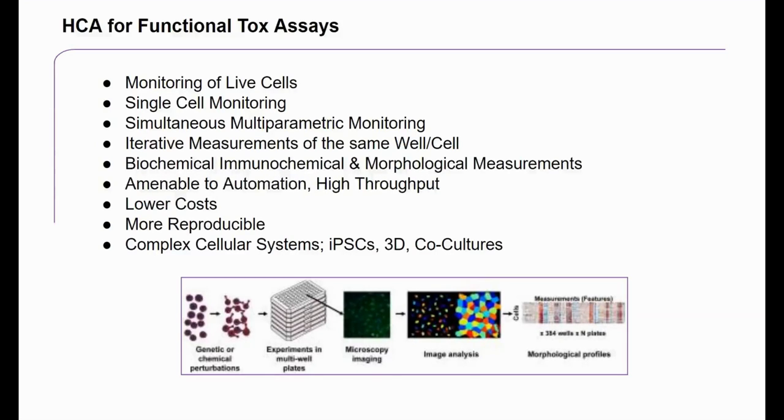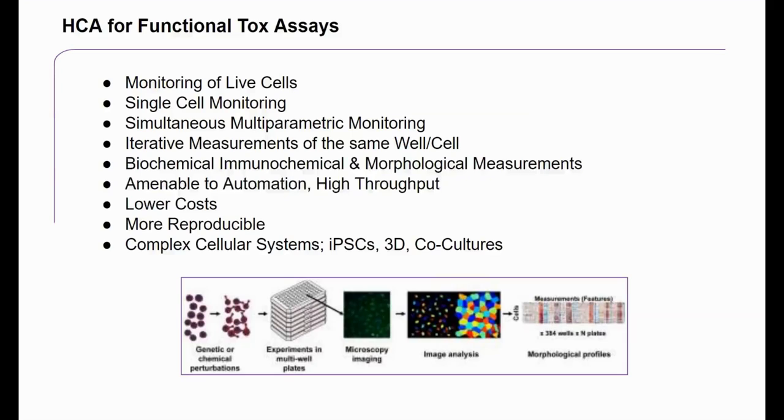The different types of assays that could be combined in these systems were diverse in that you could have biochemical assays, various immunochemical assays, as well as morphological measurements of the cells themselves. The assay is also very amenable to automation using robotics, so that you could actually get high throughput that was required in earlier stages in drug discovery. Another thing you can do, especially compared to animal studies, is lower costs.